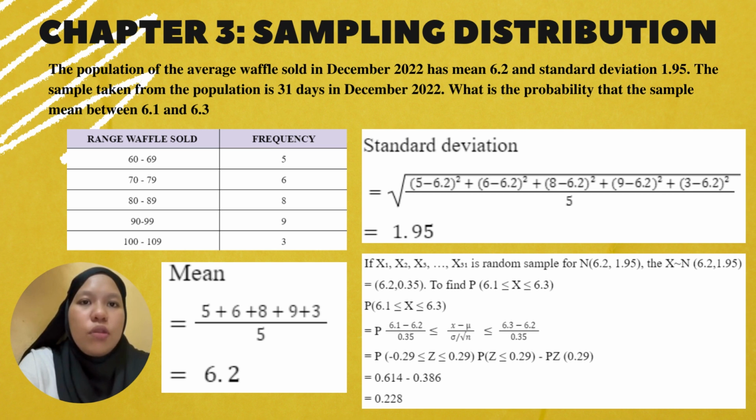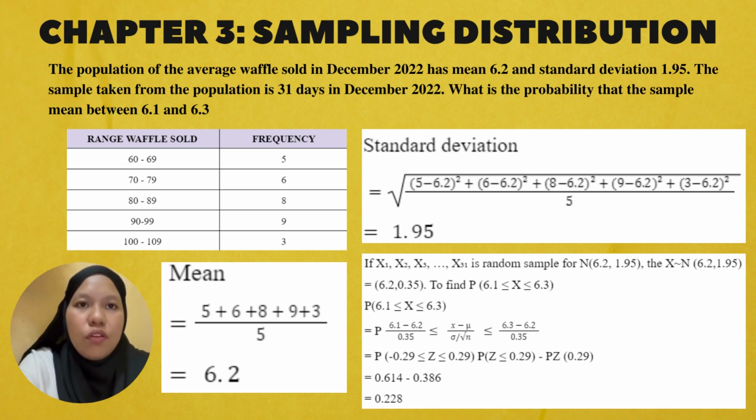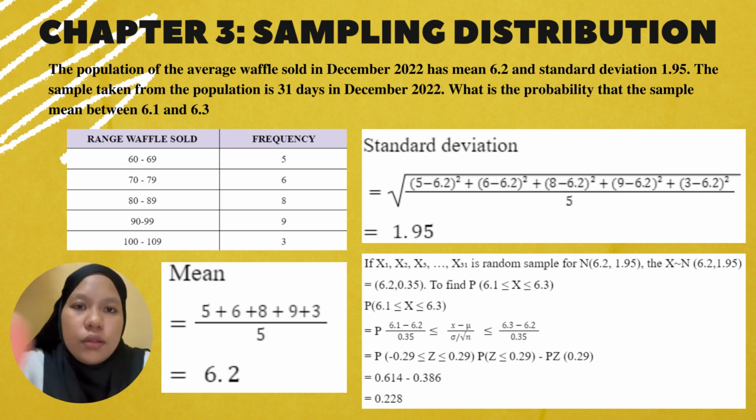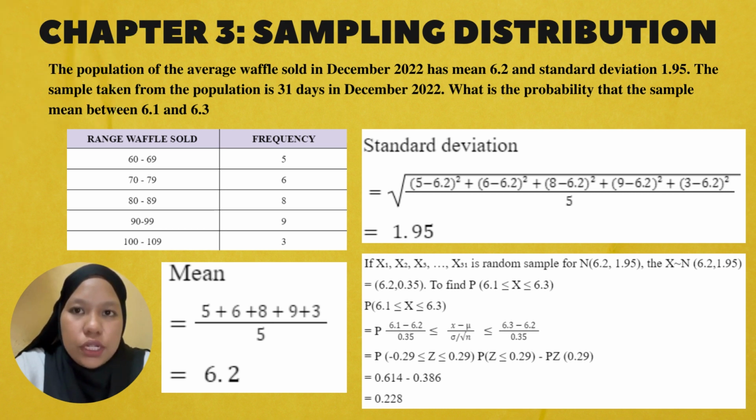After that, we must find the probability of the sample for 31 days between 6.1 and 6.3. For 6.1, we got negative 0.29, and for 6.3, we got 0.29. This is the method we use to get the probability values for the sample mean.